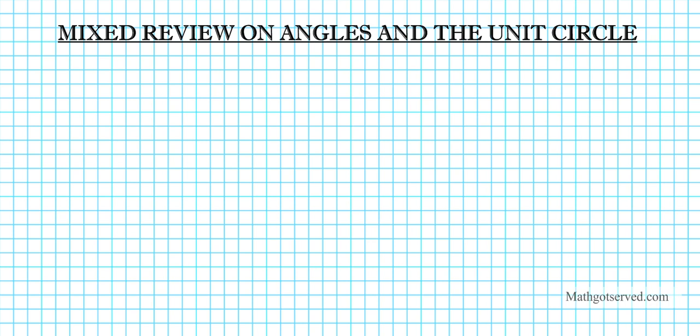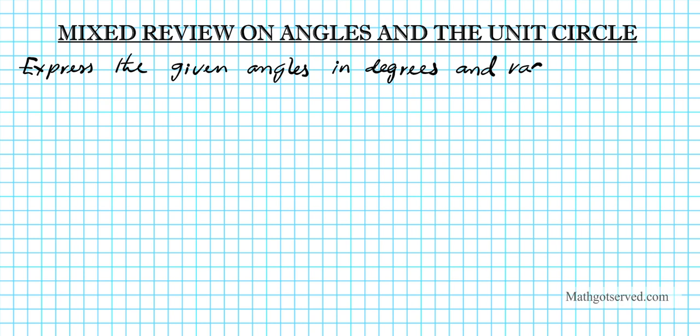Alright, let's go ahead and take a look at the instructions for the first two problems. Let's see. So, express the given angles in degrees and radians. Graph the angle.